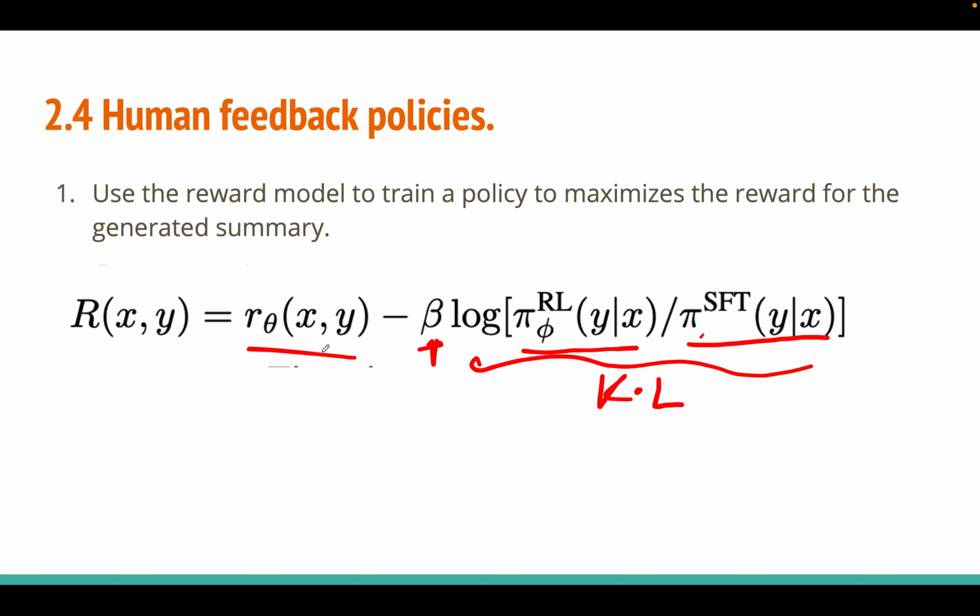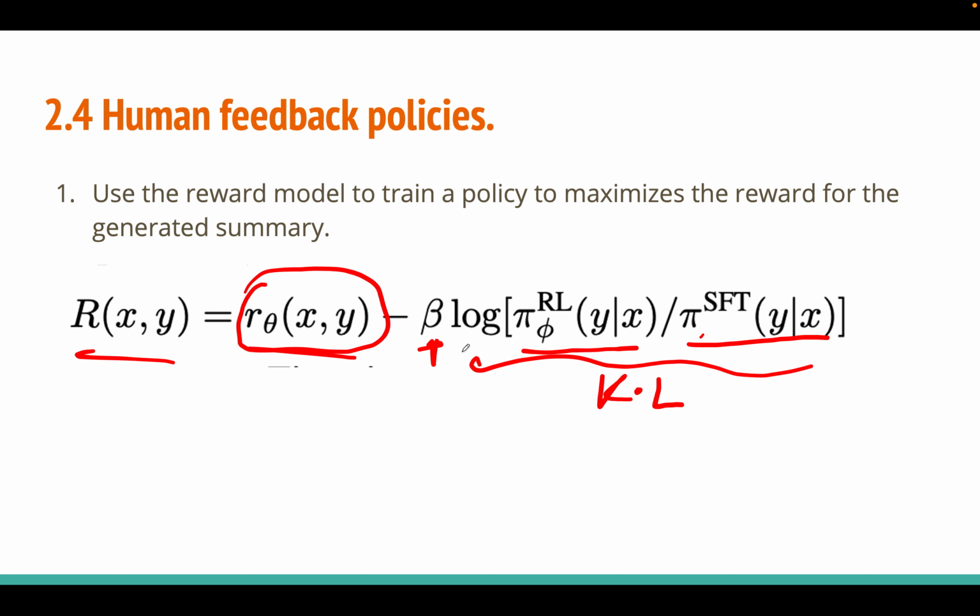And then here, r theta of x comma y, where theta is the reward model. Basically, this term gives you the reward score for the post x and the summary y. And the final reward for this post and the summary y is basically the sum of the reward and the negative value of beta times the KL divergence term.